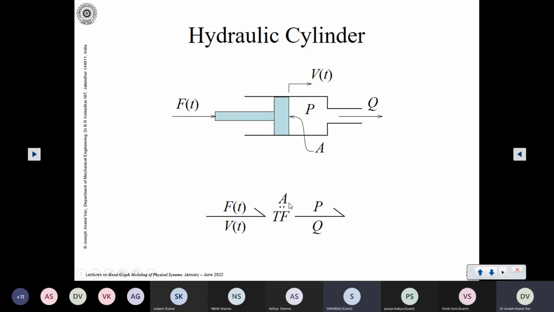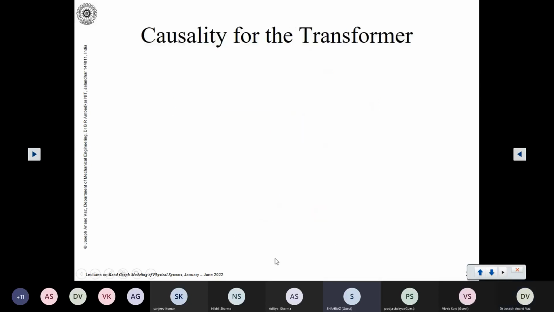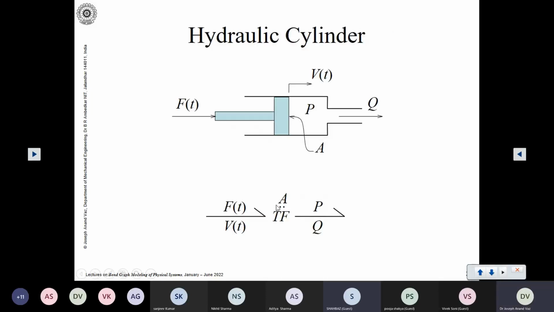Q is equal to A multiplied by V. Okay, so here you can see that this Q is equal to A multiplied by V.